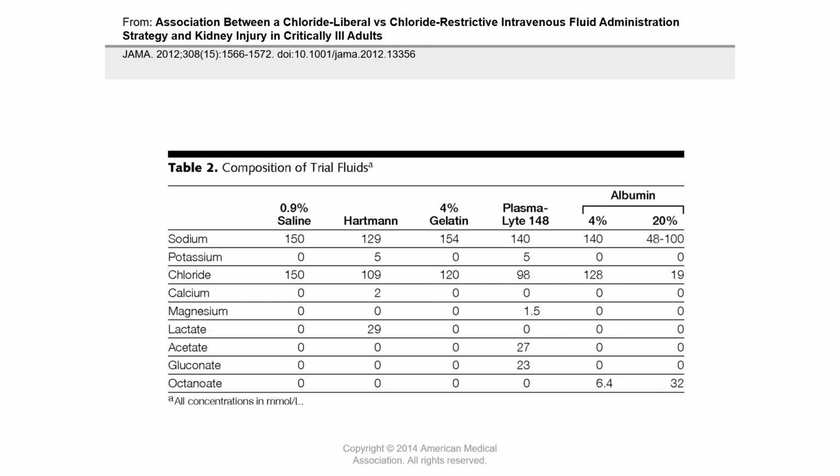This is mainly based on a study from JAMA showing that a chloride liberal strategy of fluid administration in the ICU led to more AKI and a greater need for renal replacement therapy when compared to a chloride restrictive strategy where a more physiologic fluid like Plasma-Lyte was given.